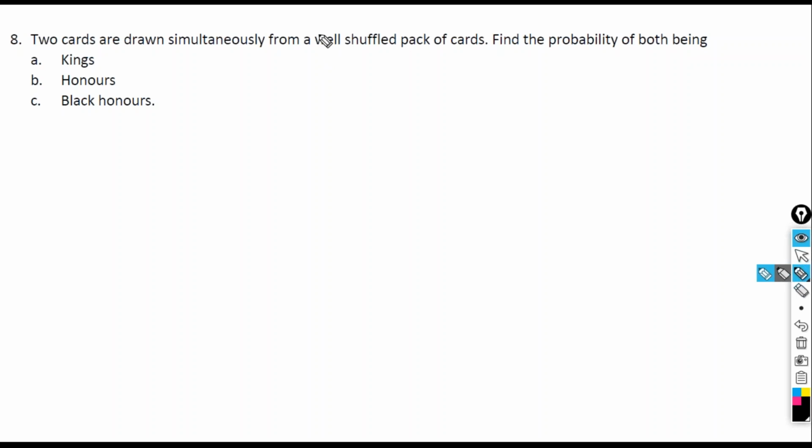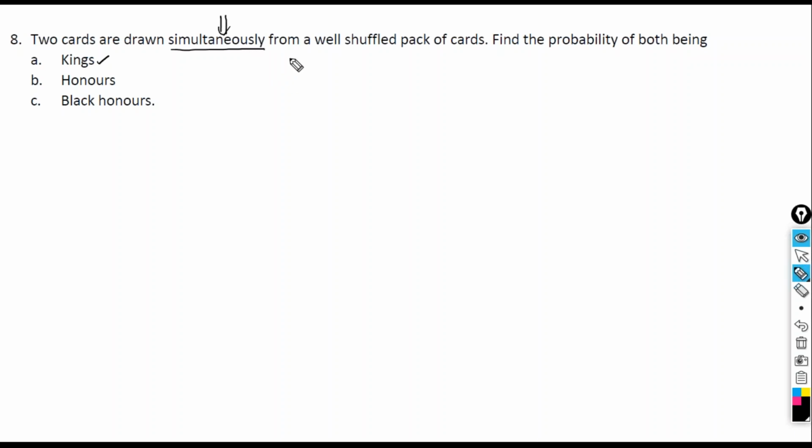Right, Rishabh. So, guys, here the question says two cards are drawn simultaneously. When he says two cards are drawn simultaneously, it means in one go. Find the probability of both being kings.